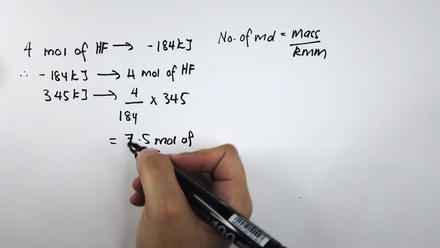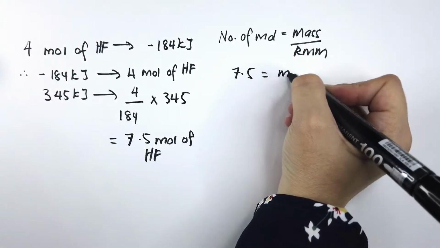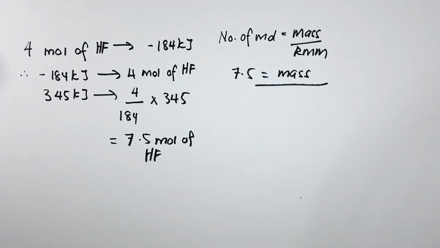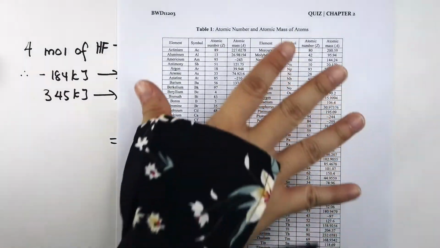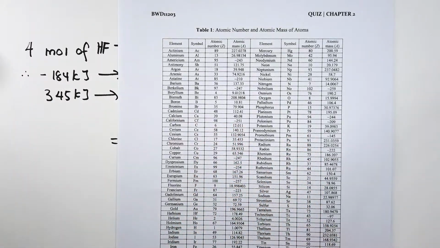So you already know the number of mole is 7.5, and we need the mass. So what is the RMM for HF? So you need to use this table. Make sure that you use all the numbers from this table, okay?